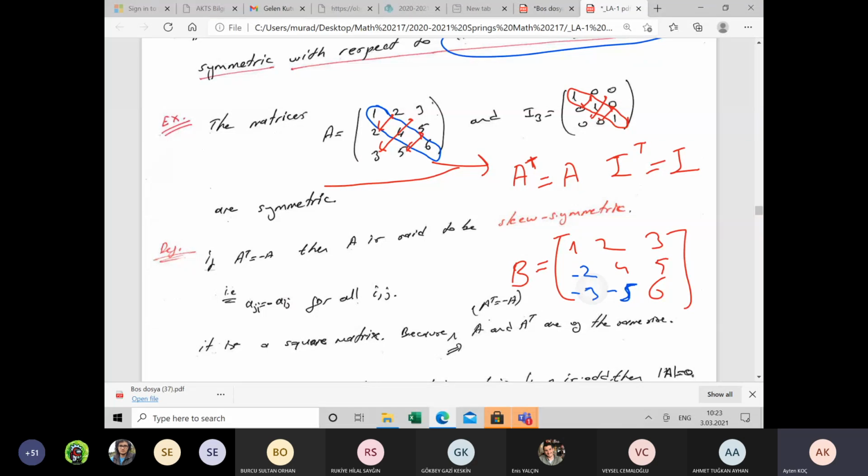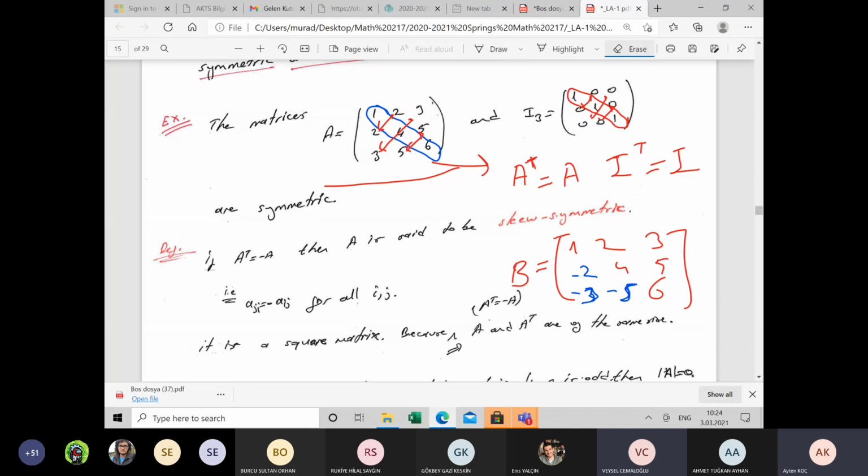Is it true? The main diagonal does not apply for this rule, I think. Yes, it is not skew-symmetric. So how to transform it into a skew-symmetric matrix? The main diagonal should be 0, I guess. Yes, you are right. Thank you. This one should be 0, 0, 0.